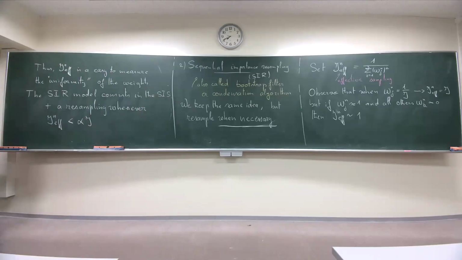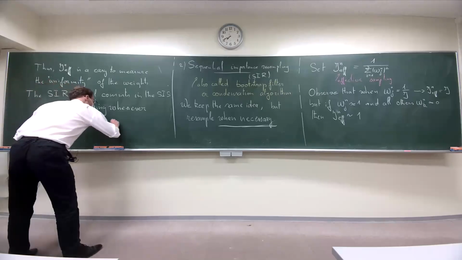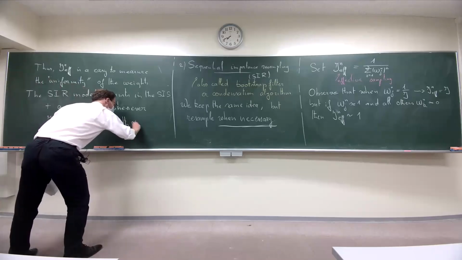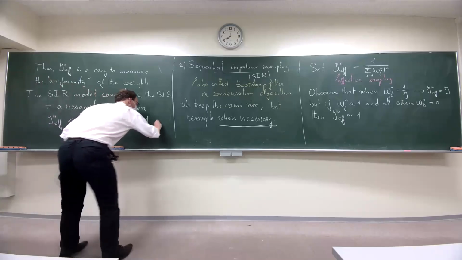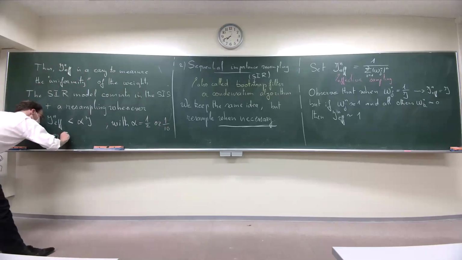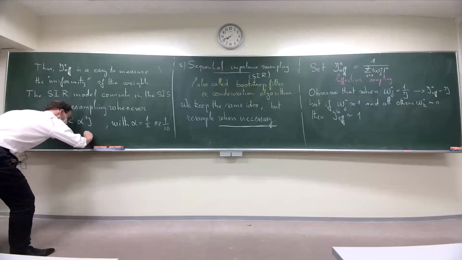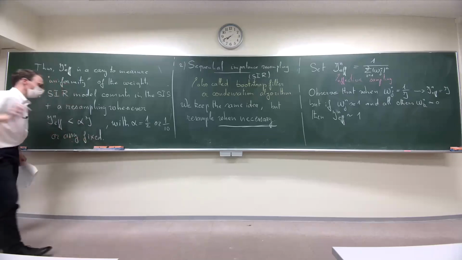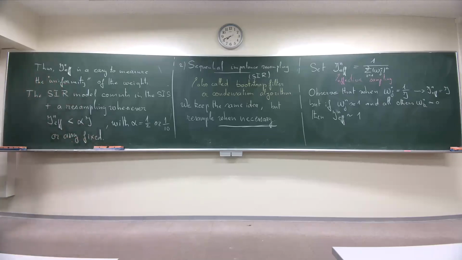In the book I'm reading, they take alpha is 1/2. What I've done is alpha is 1 over 10. Alpha equal either 1/2 or 1 over 10 or any fixed number. This is something you choose for some reason, but you put a condition in your algorithm. If this number is smaller than alpha times J, then you do something.